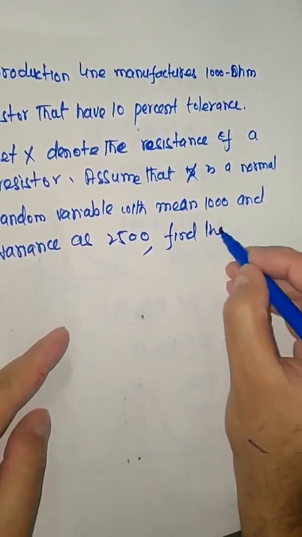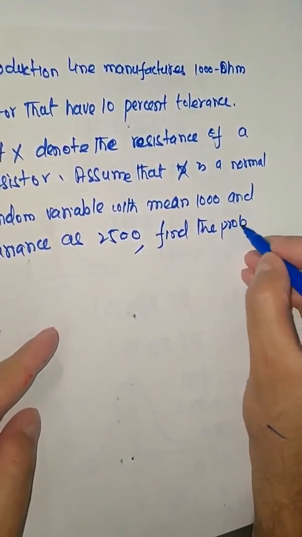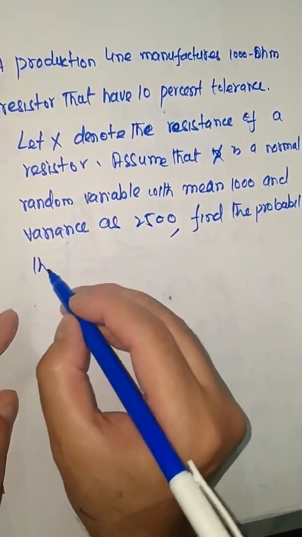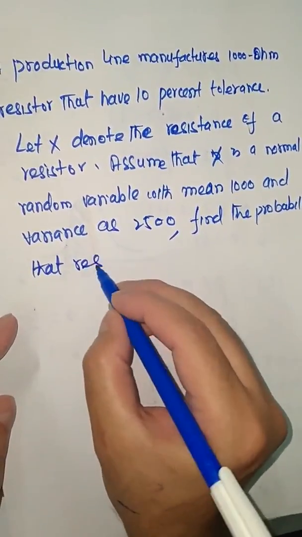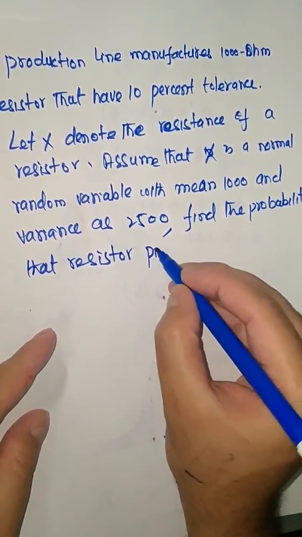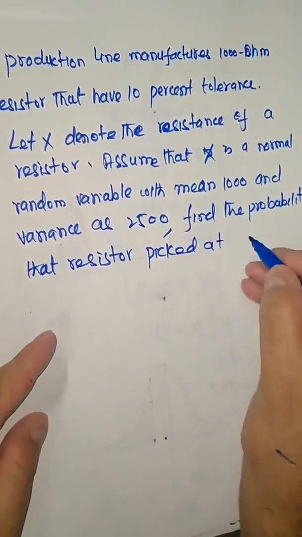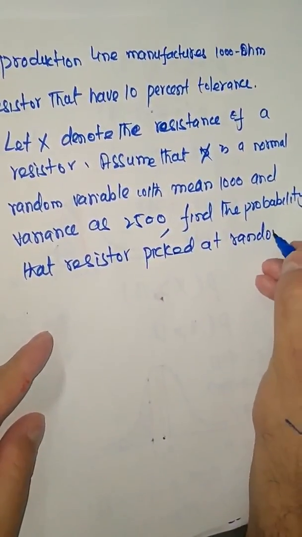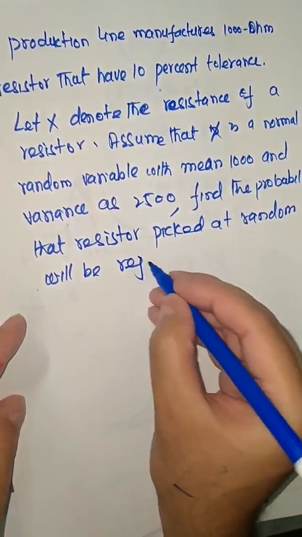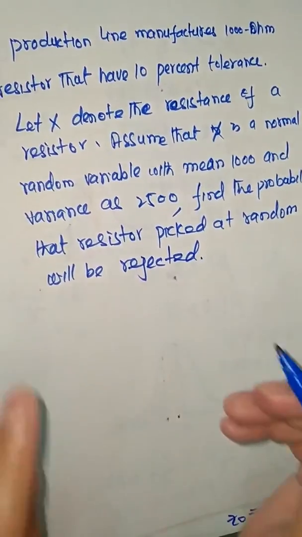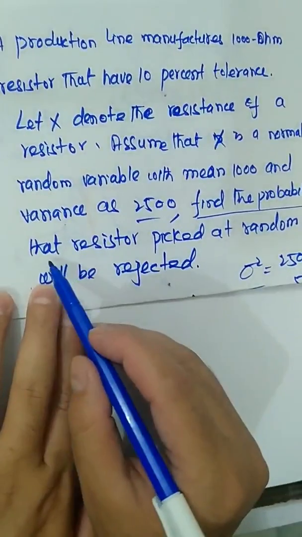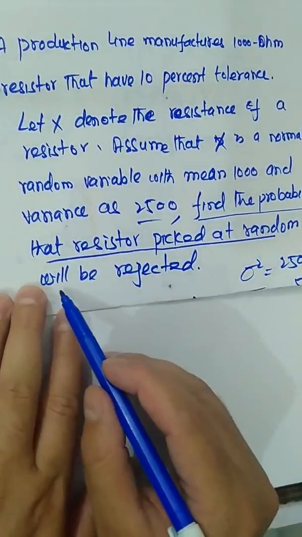We have to find the probability that a resistor picked at random will be rejected.